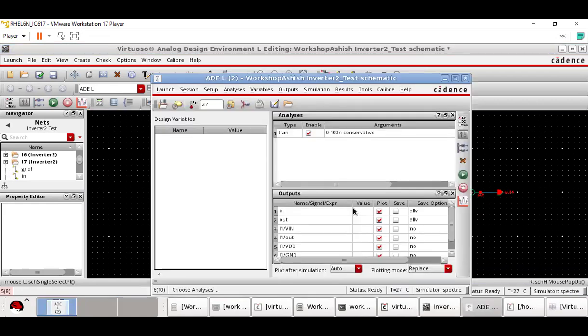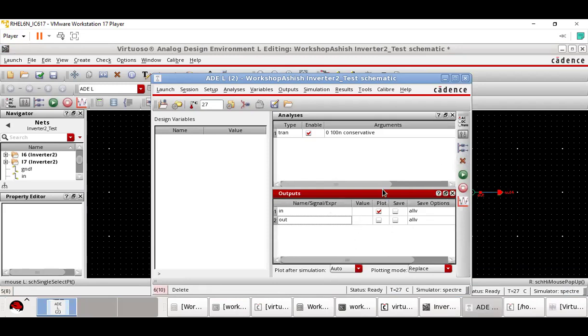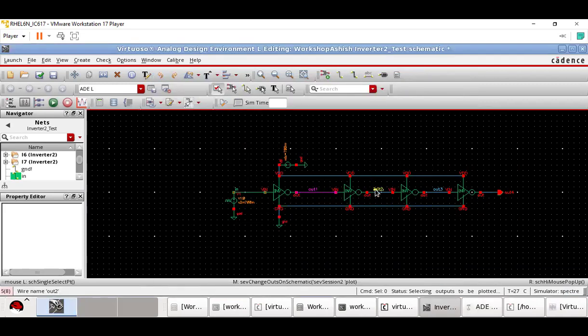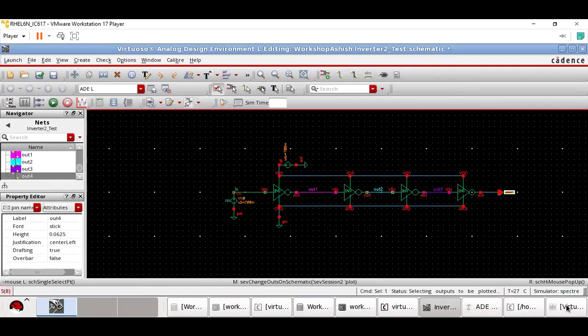So when I will use ADL, the input will remain same and now I will be having 4 outputs, output 1, output 2, output 3 and output 4.